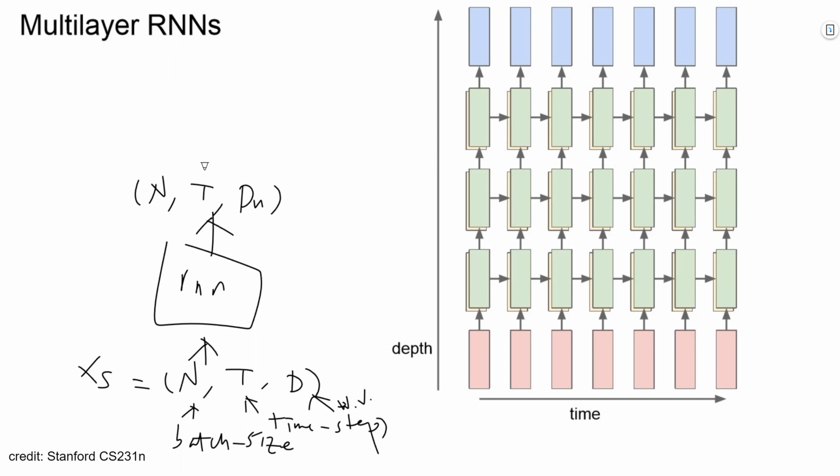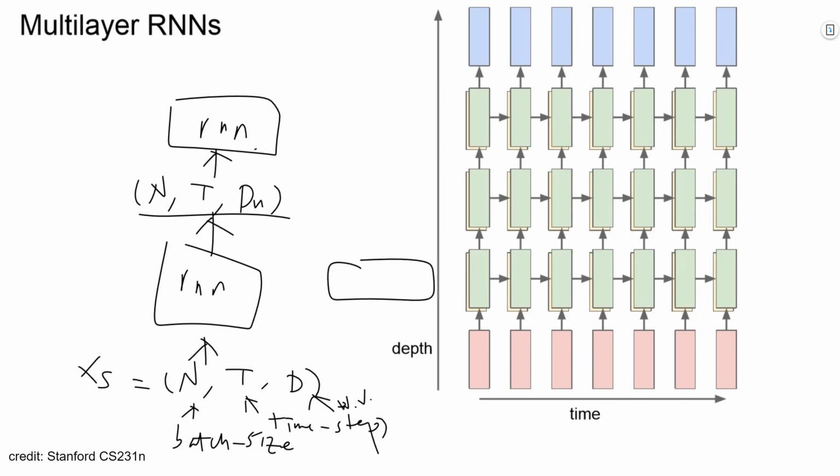And what it means is we can pass this vector through another RNN. As we did for CNN, like we stacked multiple CNN layers, convolution layers, we can do the same for RNNs.